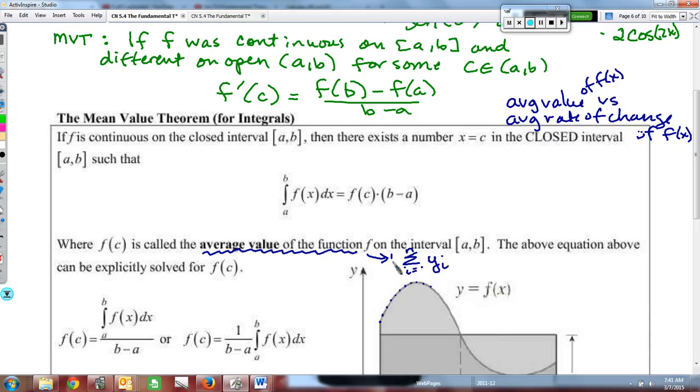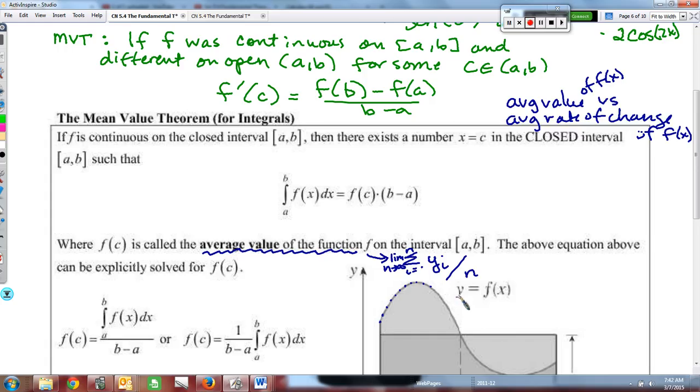So we could think of this as we're going to have to take the limit as n goes to infinity, so that we add up infinitely many of these y values, and then we would divide that value by n, by the number of values that we had. If we were to take this, we would get the average of the y values. That's what we mean when we talk about the average value of the function.